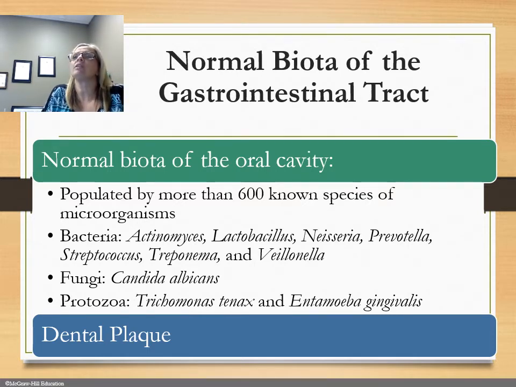There are lots of studies underway about these particular microbiota in the mouth. They're even studying the relationship between the oral cavity microbiota and heart health. And even looking back over long periods of time and studying what people ate and trying to figure that out by the normal microbiota in their mouth.